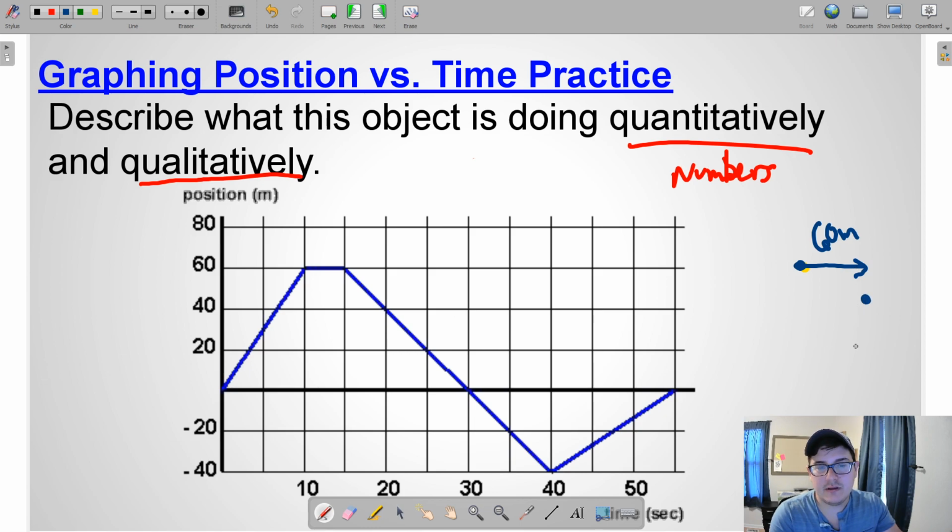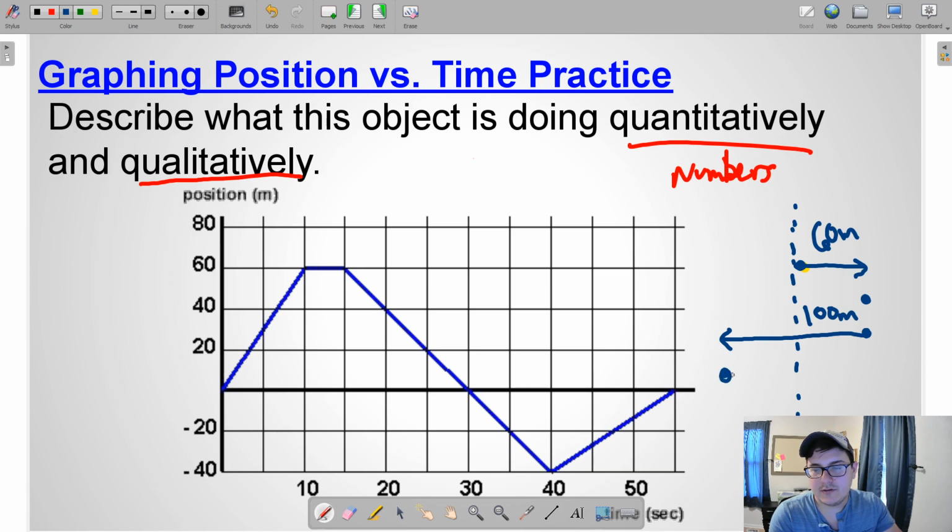And then what did the object do next? If this is 0, 0, this object went to the left. What was that? That looks like 100 meters. And then the last thing is, what did the object do?